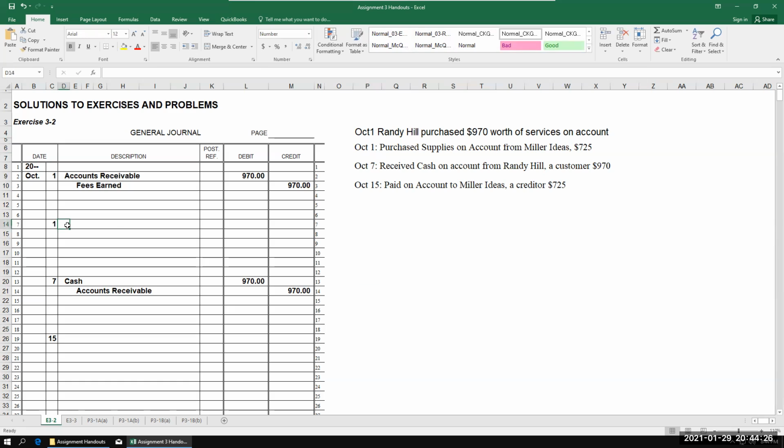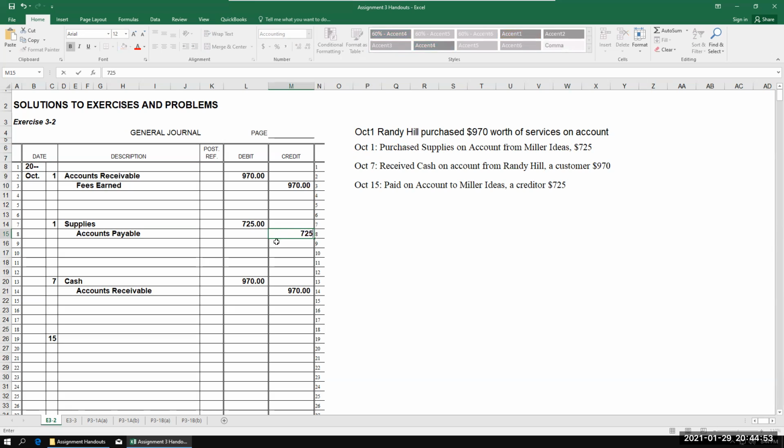So in this case, it's sort of the flip side of that first transaction. So we're going to have supplies, because that's what we got in this case. We purchased supplies, so our supplies account, which is an asset, goes up. And because it is debit normal, of course, we put it on the left side. And here, we're going to do accounts payable also for $725.